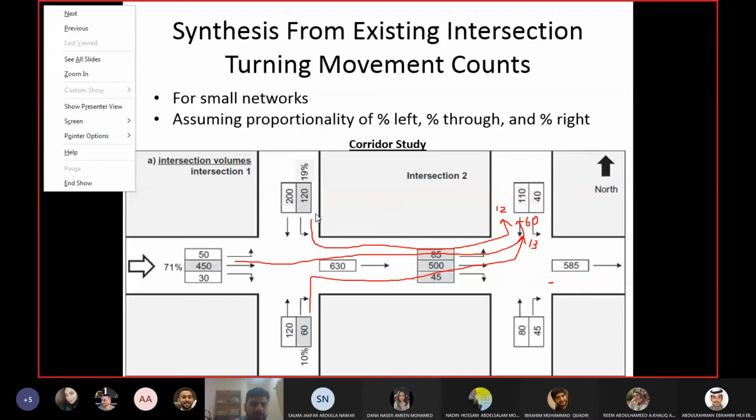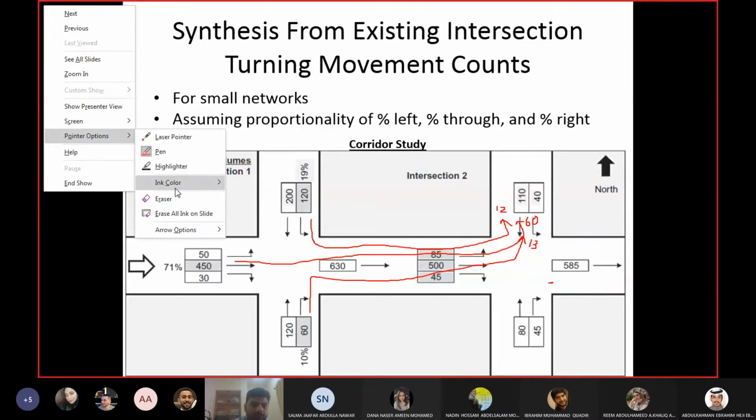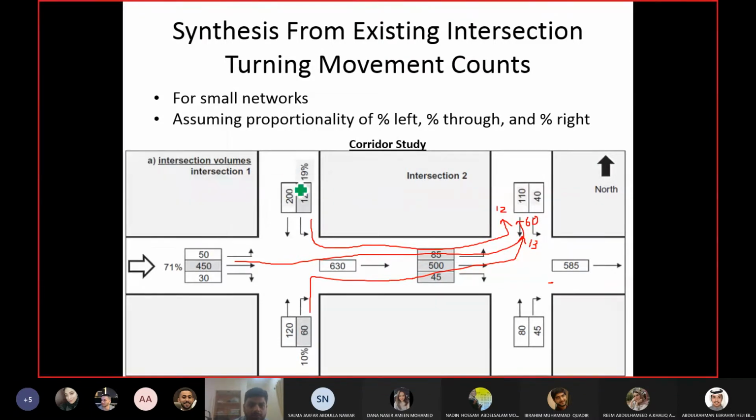Let me change the color. Give me 19% of 500. Tell me. How much is 19% of 500? 95. So these 95 trips are coming from, I told you, this zone and they are going here.